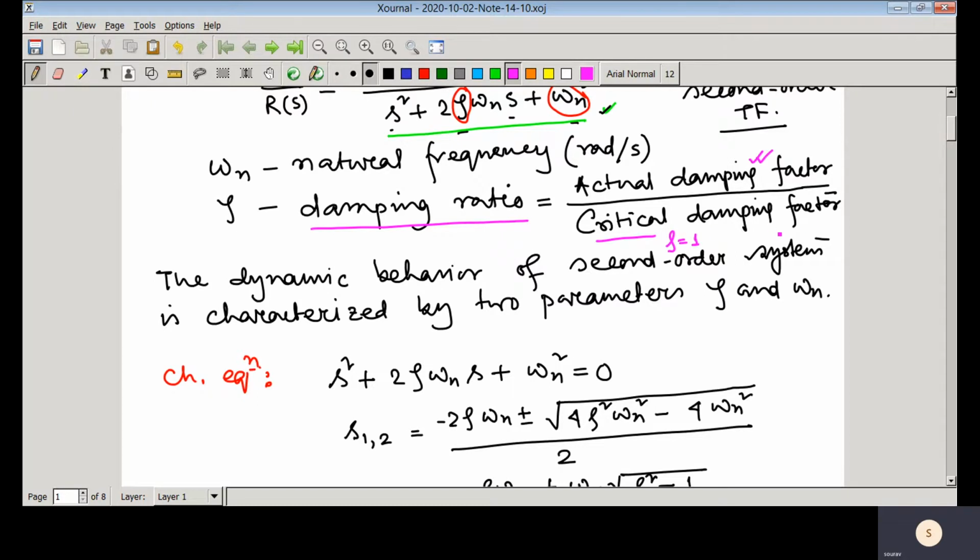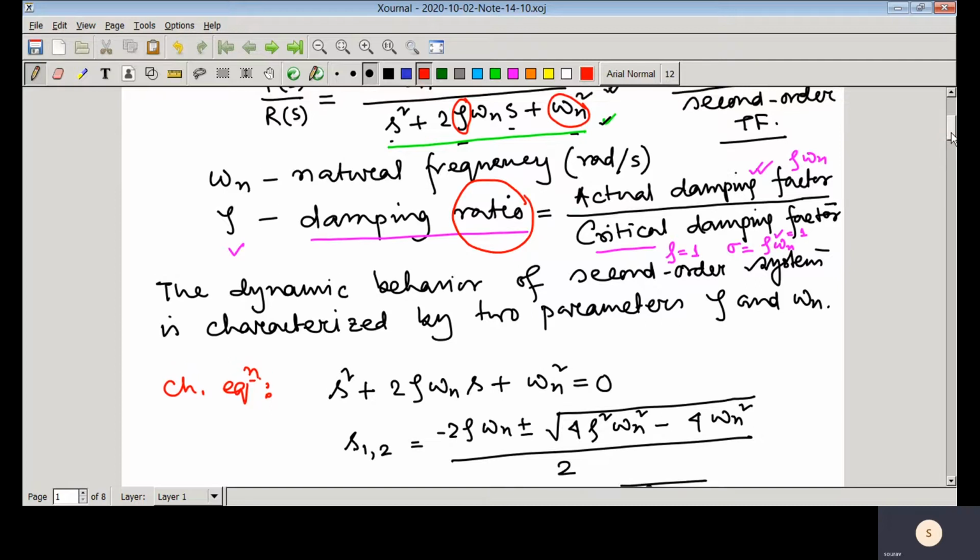So the critical damping factor in this case would be omega n only, because sigma equals zeta omega n, and whenever zeta equals 1, the critical damping factor is only omega n. So we can see that the actual damping, zeta omega n, divided by omega n, is equal to zeta. So that's why this is actually the ratio of two damping factors. That's why it is called a ratio, and it is a unitless quantity.